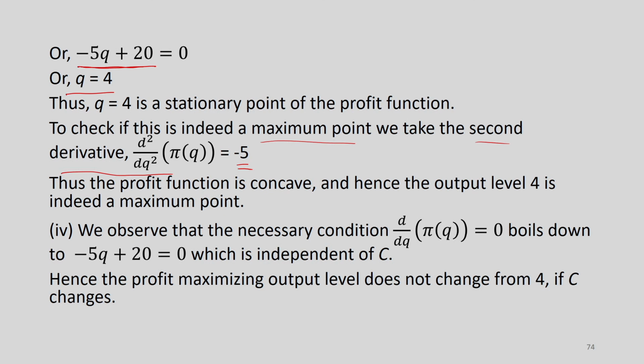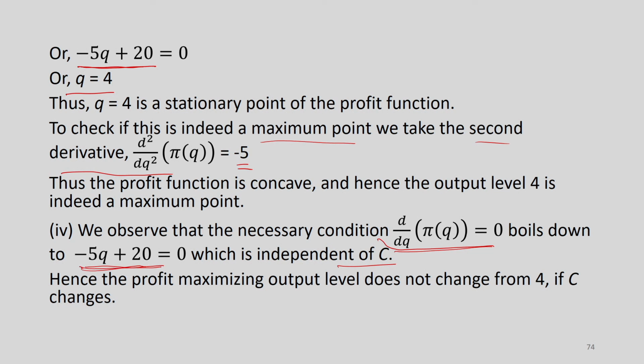Alright, now we observe that the necessary condition was giving me the optimal Q, and this is the necessary condition. It boils down to minus 5 Q plus 20 is equal to 0, and this condition is independent of capital C. So, C is not making its presence in this condition.